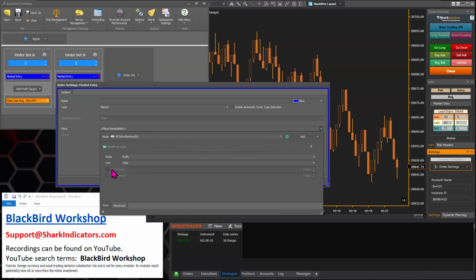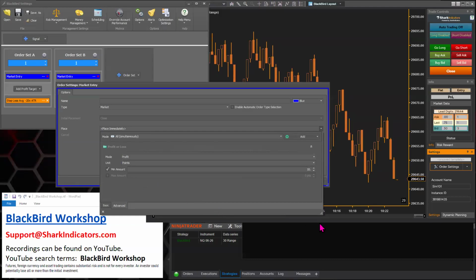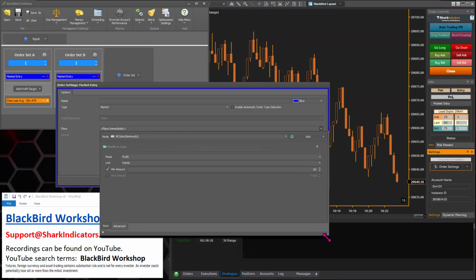I'll just go with ticks or points just to keep it simple. And let's say you want at least 4 points of profit there. Maybe 10 if you're going to add to it. So there's the first requirement.